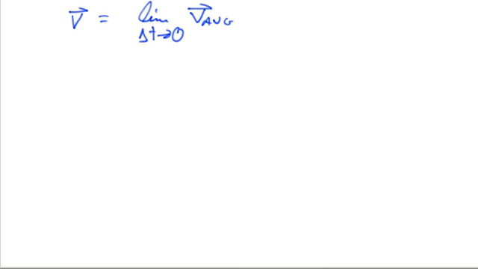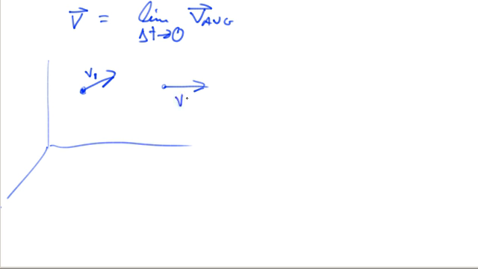So we know the velocity when the particle is here, so it's got a velocity v1. So it's a magnitude and a direction, and then later on, let's say it's got a different velocity, v2. Maybe it's going a little bit faster, but in a slightly different direction. And again, we're in this xyz coordinate system.